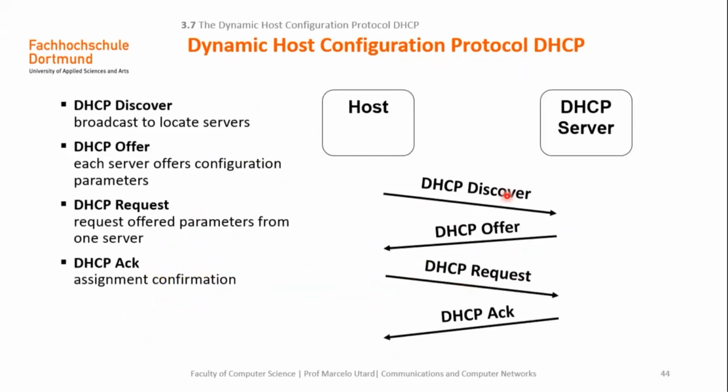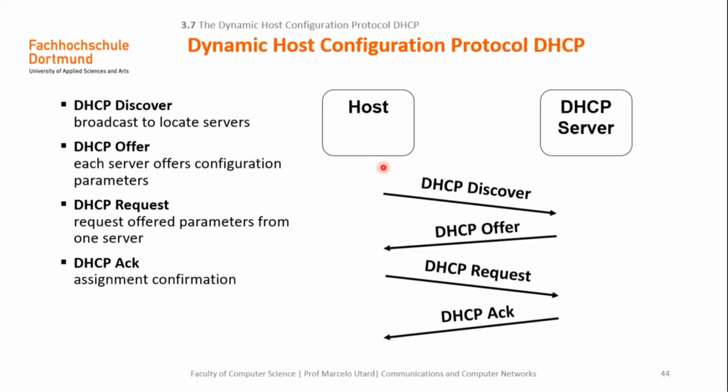Then here we have the different phases of operation. When, for instance, a typical host needs an address, it broadcasts a DHCP discover in order to locate a server. If one or more DHCP servers hear this broadcast, they could answer, offering configuration parameters to the host.